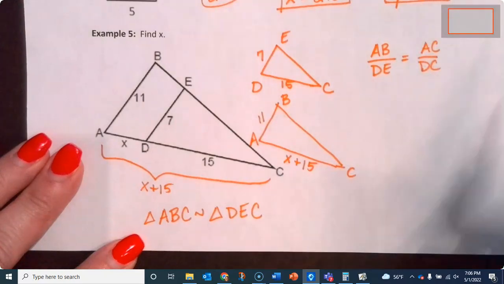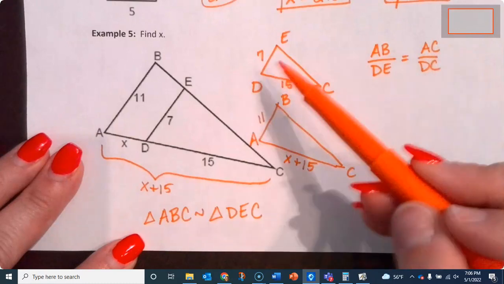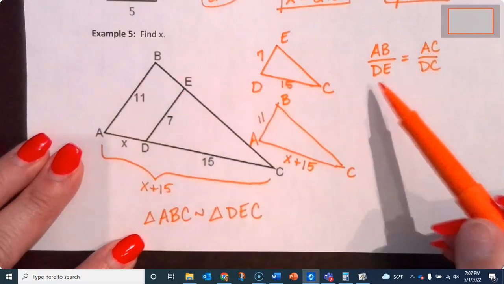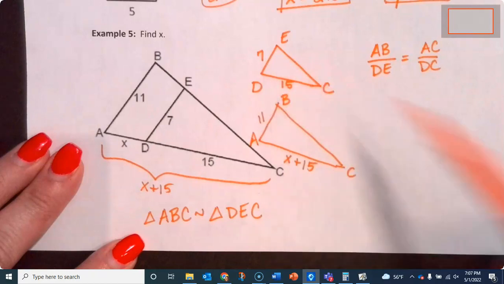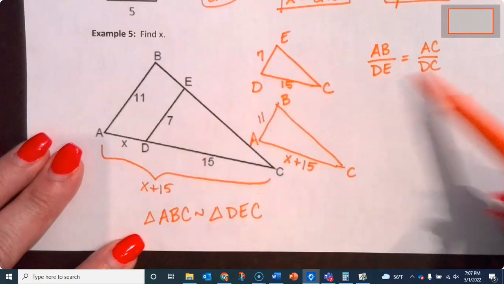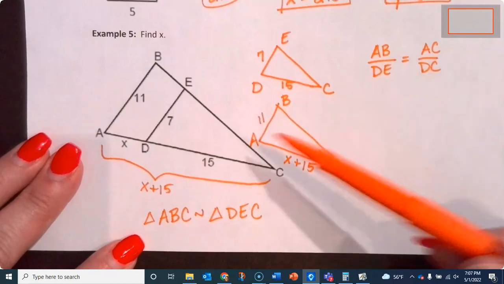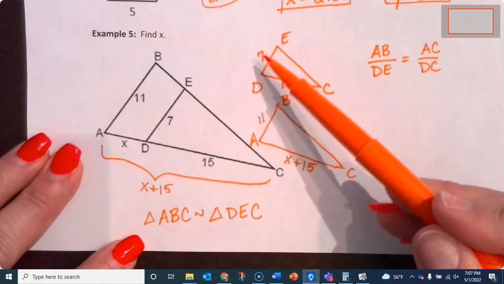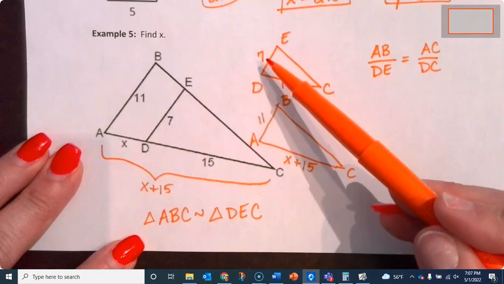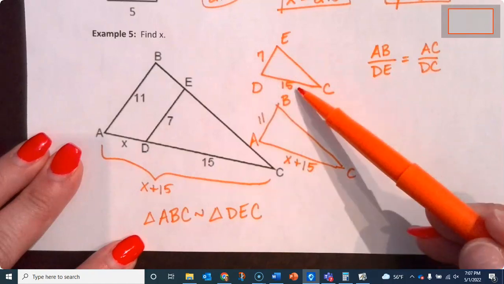Because you want to be consistent, since AB and AC come from the same big triangle ABC, and DE and DC come from the same smaller triangle, you want to keep them in the same positions here. So we basically just said that AB corresponds with DE, and AC corresponds with DC.